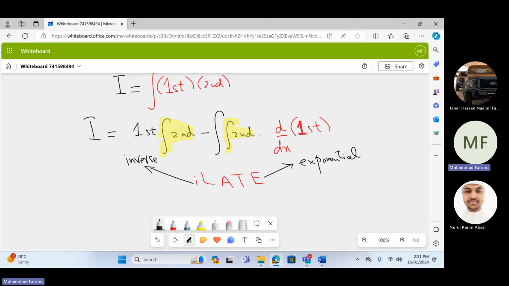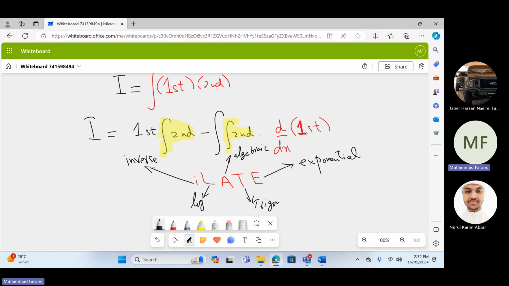Now, L is representing what? Logarithms, exactly. A is representing algebraic functions. Algebraic functions means polynomials, x square root, x power 3. These are algebraic things. T means what?